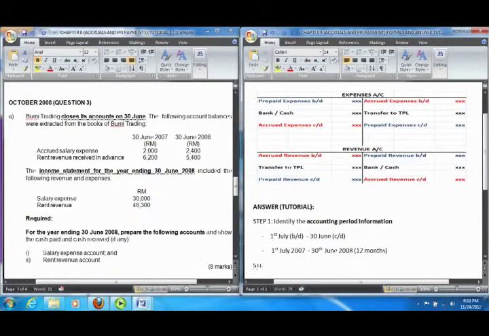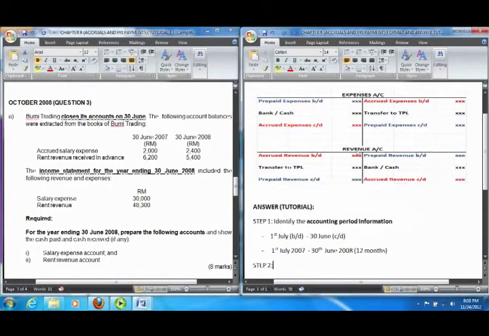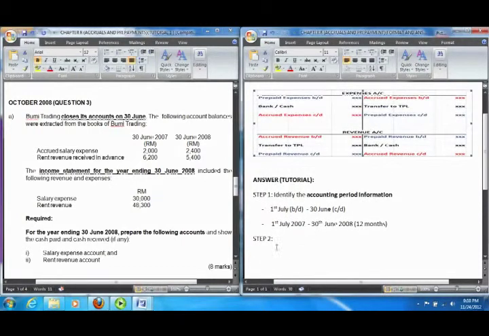Okay, next, your step 2. After you identify the accounting period, the next step is that I want to show you this format. Step 2, class, you can construct. As I told you, the question asks you to open the salary expenses account.